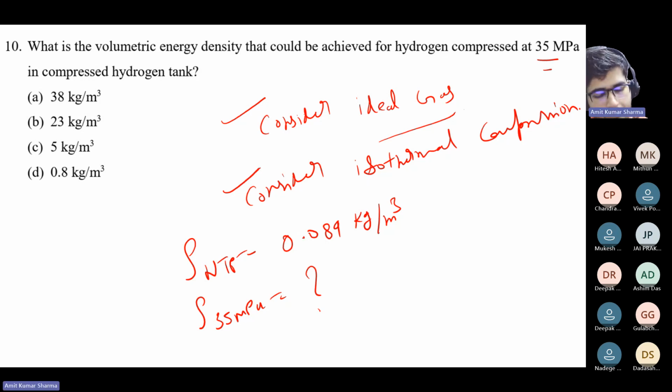Any answer? So 1.41 kg per meter cube. No, it's very low, no?